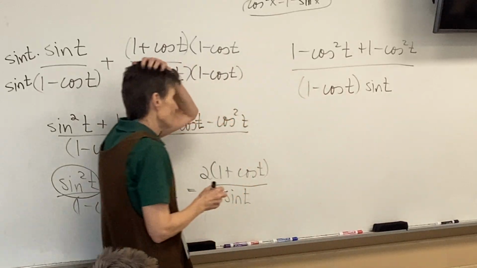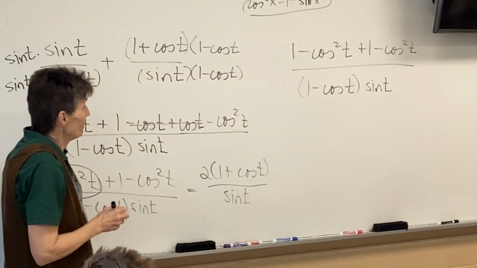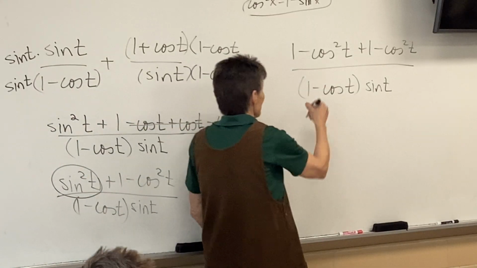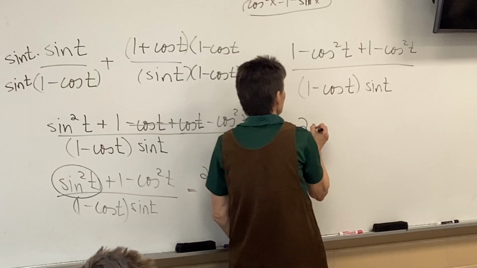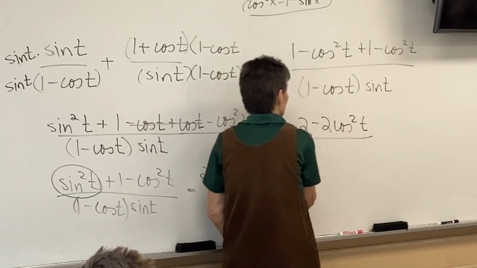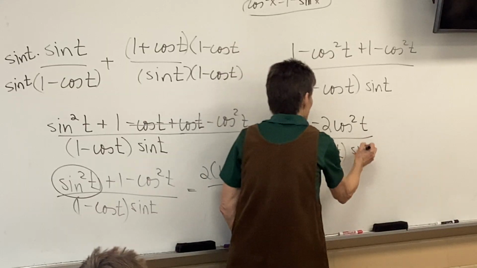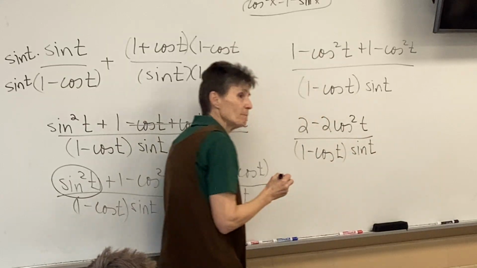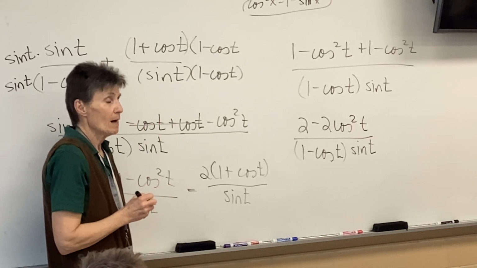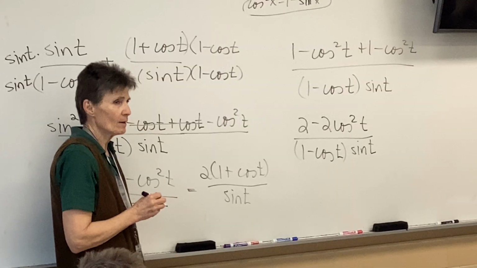What do I have up there on the top? Squares. Well, the same thing. I can collect like terms. Do I have 2 minus 2 cosine squared? Just one step at a time. Does that make sense to you? Now, on the top, can I factor out the 2?